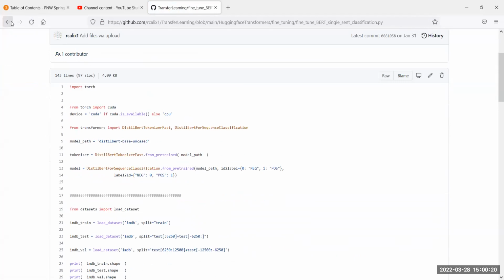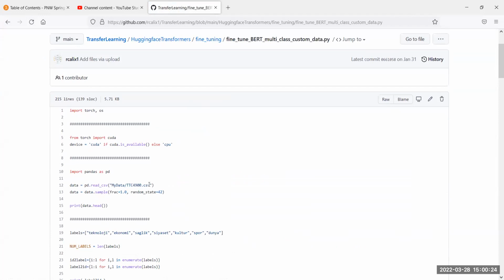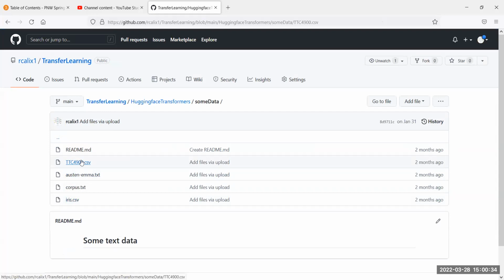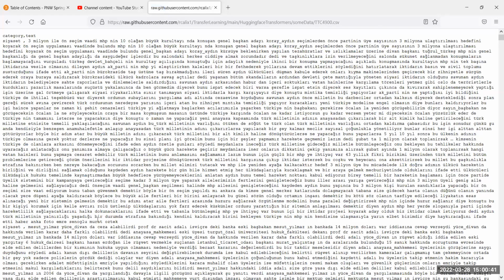No, this is the sentence classification. Yeah, this one. This was the data set. Remember, these were the Turkish labels. We can look at the data set itself. You can see this is one sample.